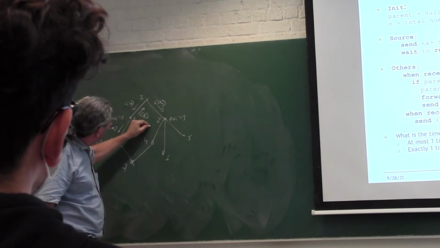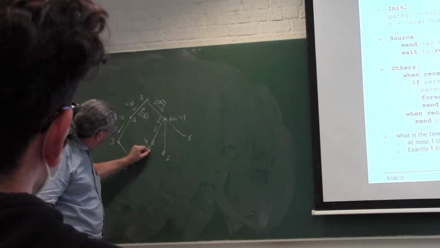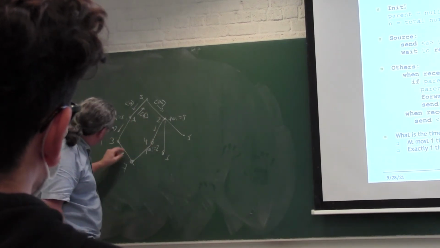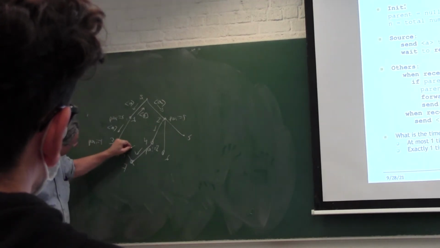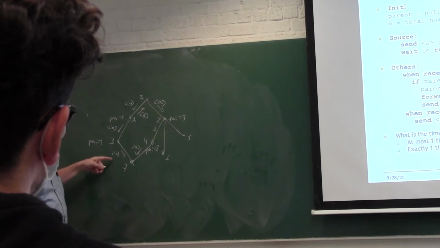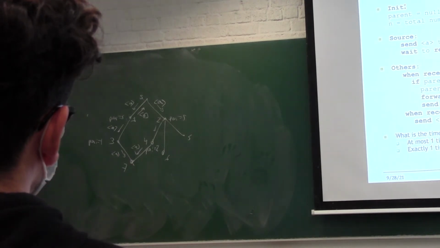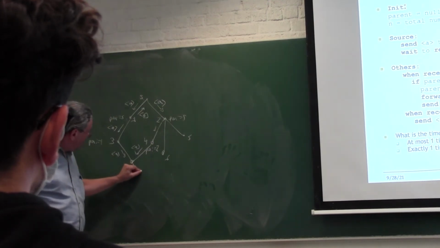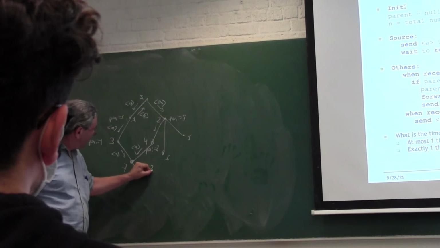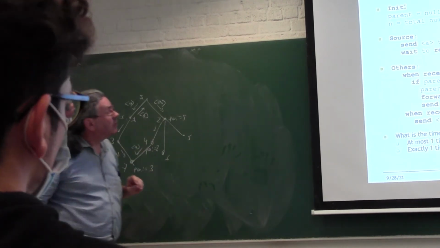Here, the A is going to come down, the parent is going to be 2. And here, 7 is interesting because there are 2 A's coming down, and it depends on which one arrives first. Assuming that the one from the left comes first, then the parent is going to be 3 and not 4.